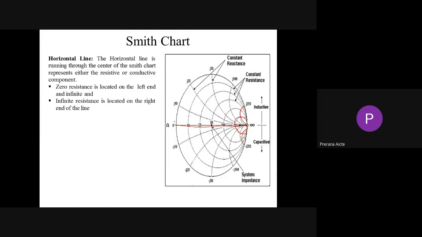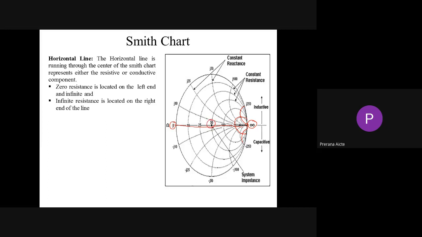Now, zero resistance is on the left hand side and infinite resistance on the right hand side of this horizontal center line.